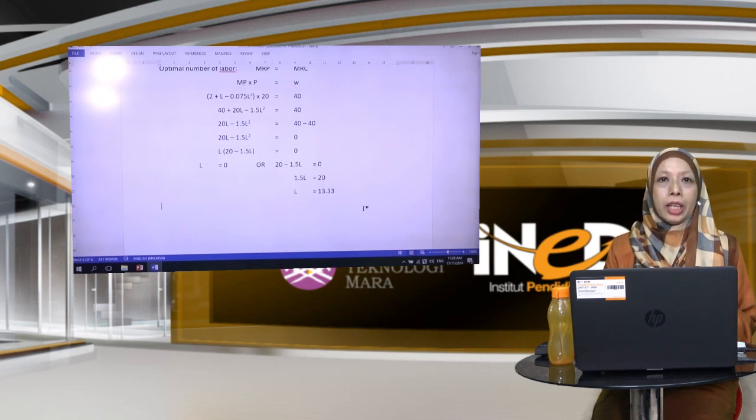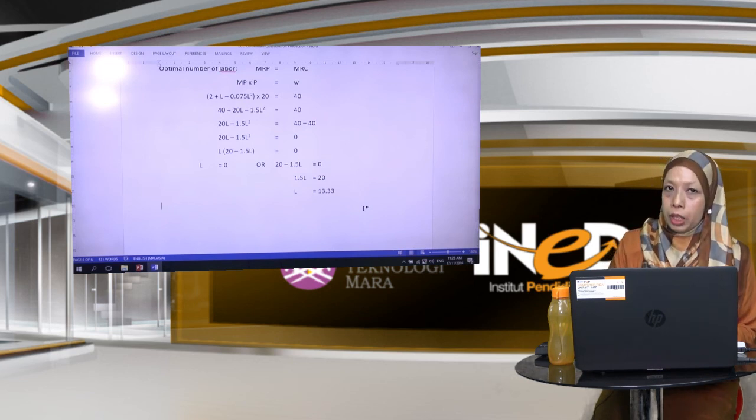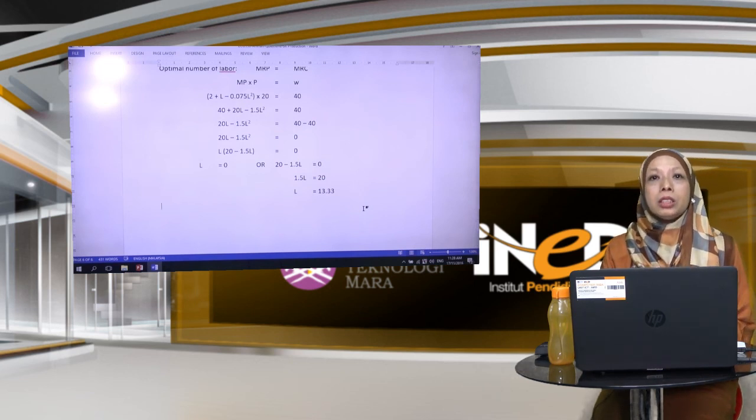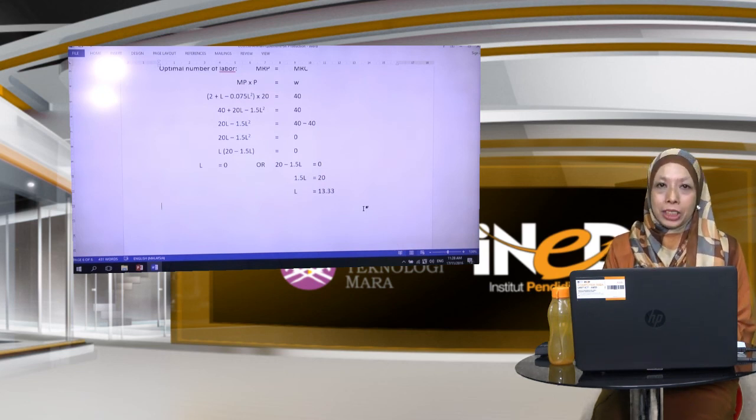To use that condition, you have to get information on the price of the product and also the cost of your variable input, apart from your marginal product function. So using the condition of MRP equals the marginal resource cost, MRC, you'll be able to identify the optimal number of labor. That's basically it for today.